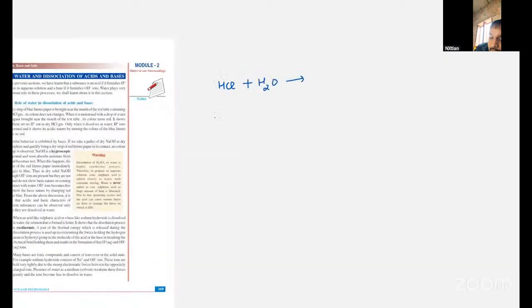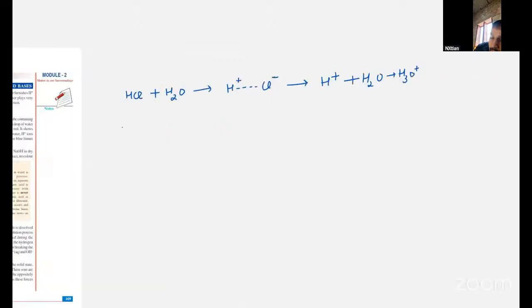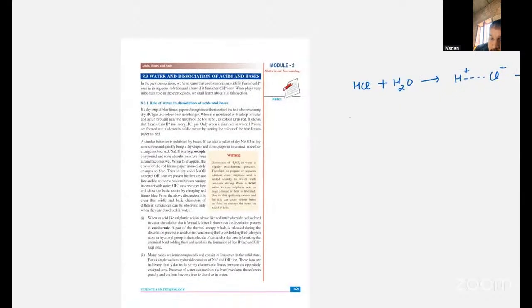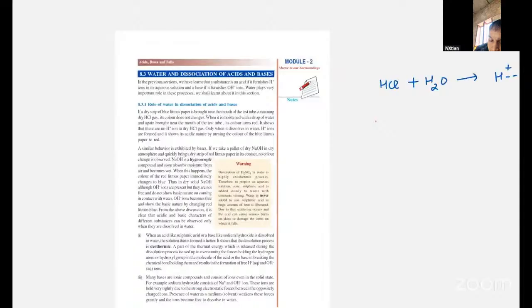For example, HCl, H plus and Cl minus will be there. Now this H plus, when it reacts with water, gives H3O plus ions, which is also called the hydronium ion.